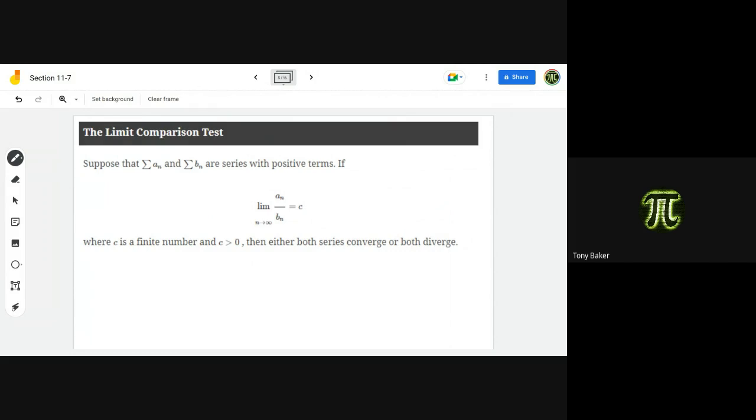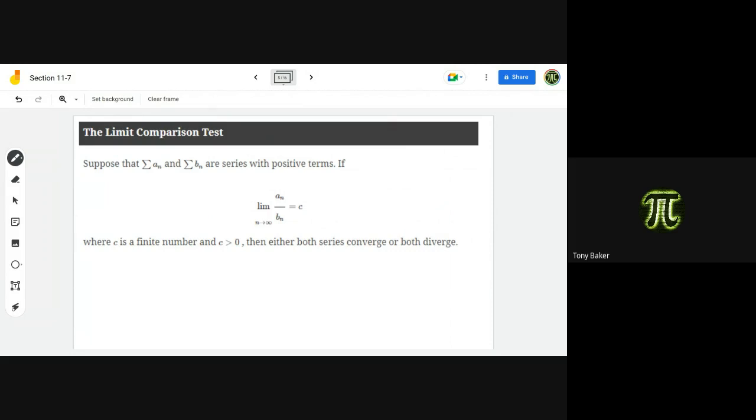So it doesn't need to make sure that one is always less than the other one. So if you can't look at it and go, yes, this is always going to be less than it or always greater than it, use the limit comparison test. As long as it comes out to be a finite number greater than 0, then they both do the same thing.